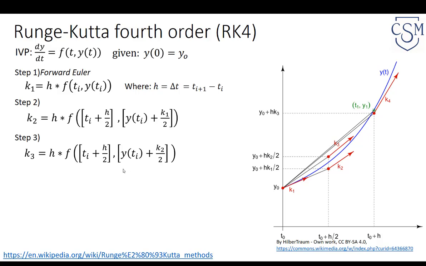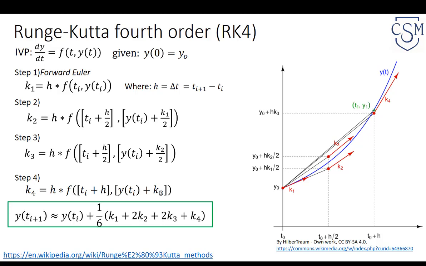Then we do our third step, k3, which is h times f of ti plus h over 2, the same time step, but now adding k2 over 2. And finally, we have k4, which is h times f of ti plus h and y of ti plus k3. The final method adds up all of these, and we assign weights.